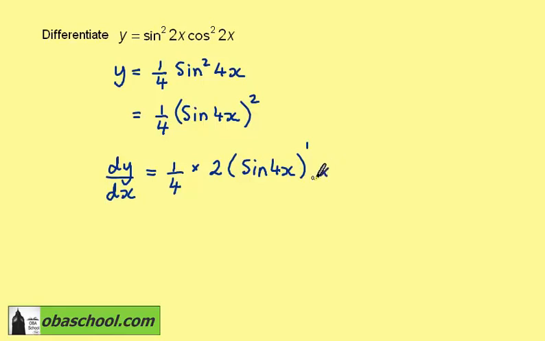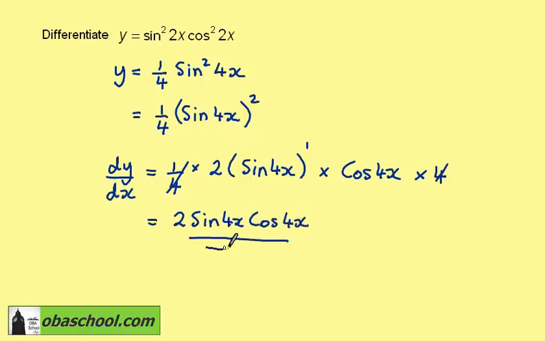The inside function is the sine 4x, so we'll get cos 4x, since sine differentiates to give cos, but note that sine 4x is a function of a function, so we need to multiply by the differential of the inside function again, the 4. The quarter and the 4 cancel, leaving us with 2 times the sine of 4x times the cosine of 4x.